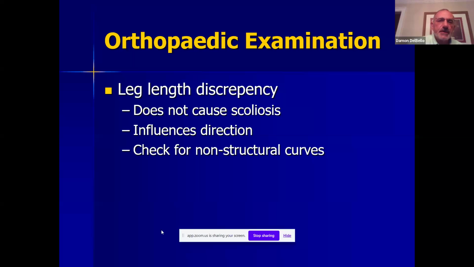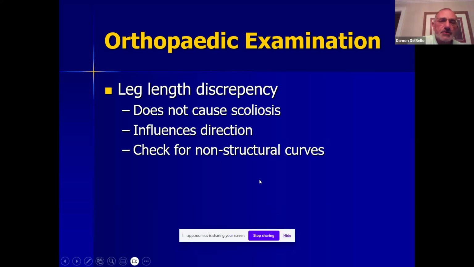Leg length discrepancy is present commonly, but does not cause the scoliosis. There are some studies that show that it can influence the direction of the curve, but is generally not causative.